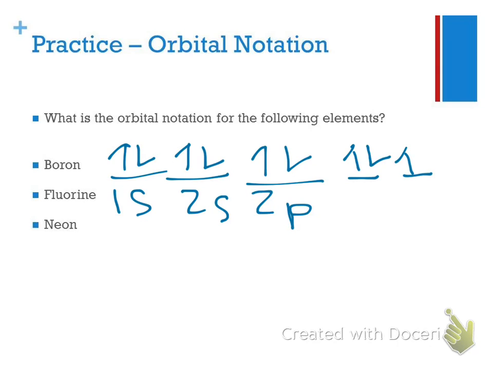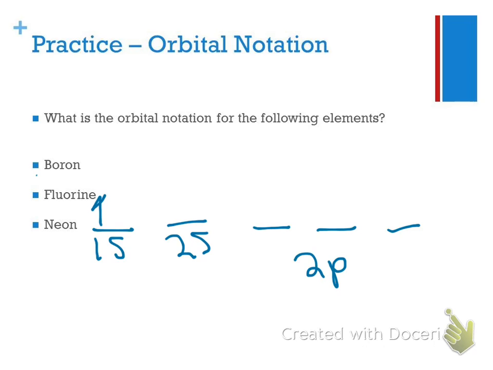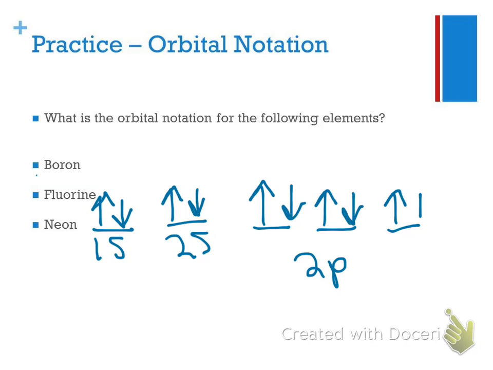Okay, let's try neon. Neon should have how many total electrons? 10.